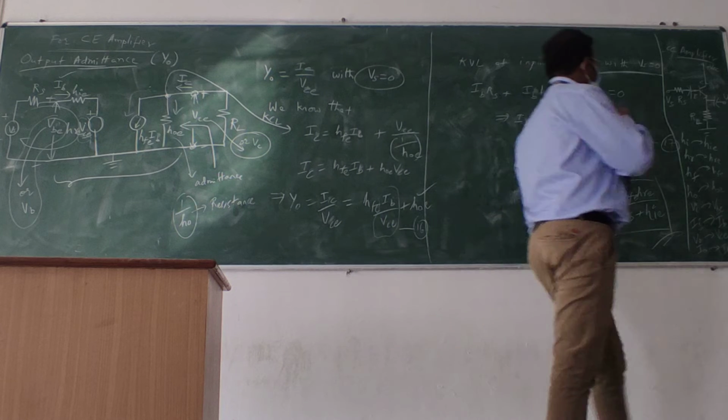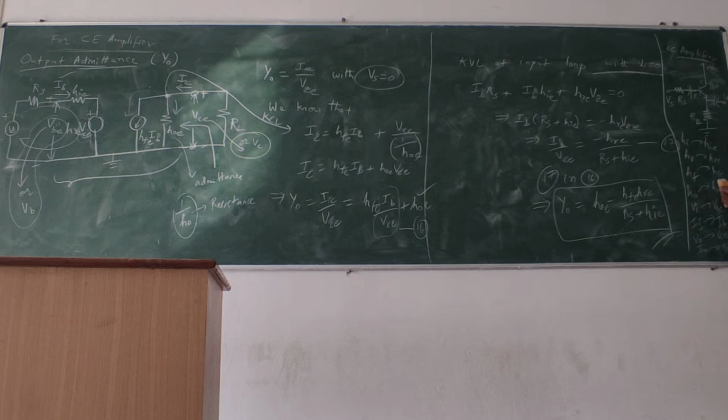Next, what will be the modifications here? What is the second subscript we have to add? C. Okay. hi becomes hic, hr becomes hrc, hf becomes hfc, ho becomes hoc. Clear? Next, what about the input voltages and currents?